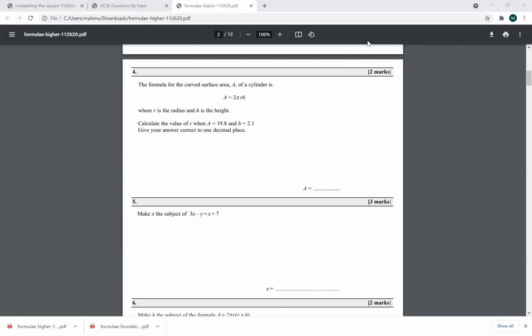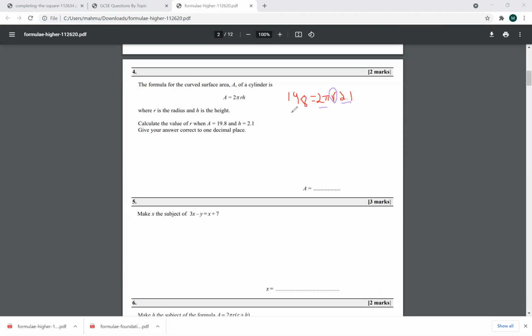I would have first written 19.8. This is my A, equals 2 pi R and then 2.1. Now the examiner can see what I'm doing. I want to make sure the R is on its own, so the first thing I do is move this one and this one to the other side.